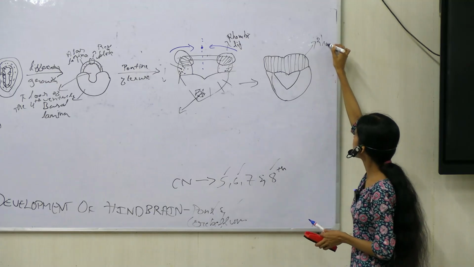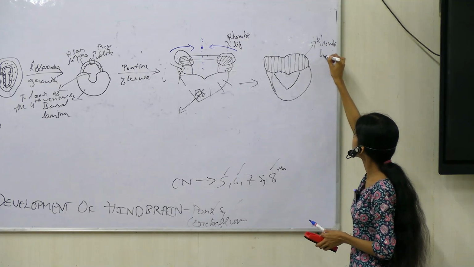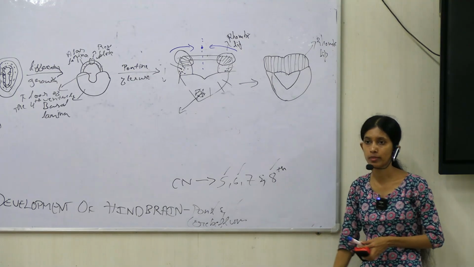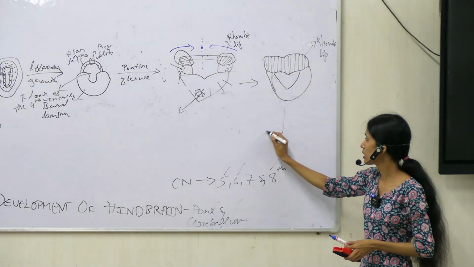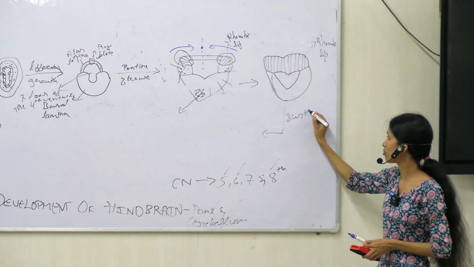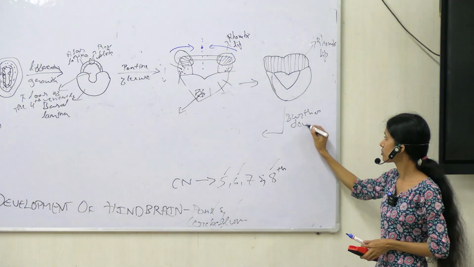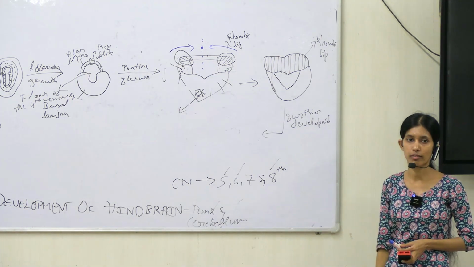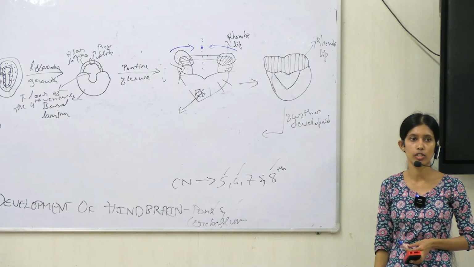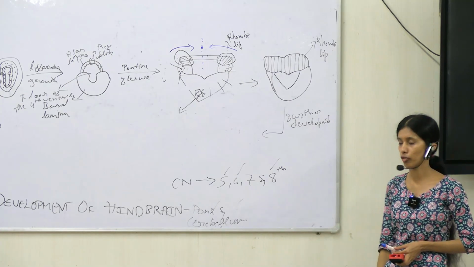So this is the rhombic lip. Once this formation takes place, there will be further development, and that further development will lead to the formation of 2 different parts of your cerebellum.